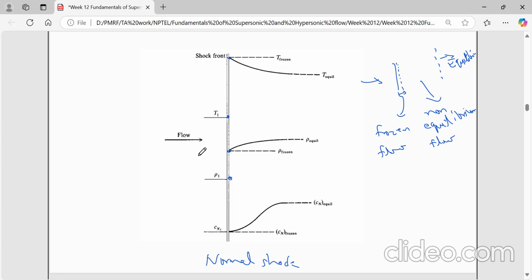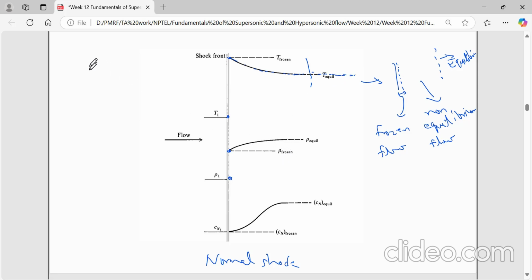Due to this non-equilibrium, some of the energy will go to vibrational mode and some will go to dissociation of the gases. So due to the dissociation of the gases, some translation energy will be consumed. As temperature is mainly gained by translation energy, the temperature of the gas reduces. So inside the non-equilibrium region, the temperature of the gas will reduce till we attain equilibrium. When equilibrium is attained, temperature will remain constant.